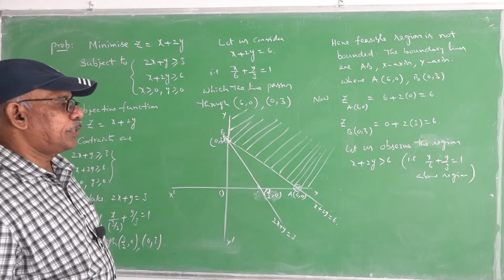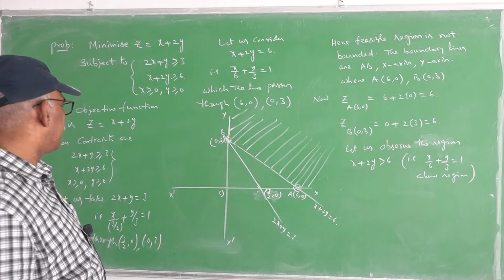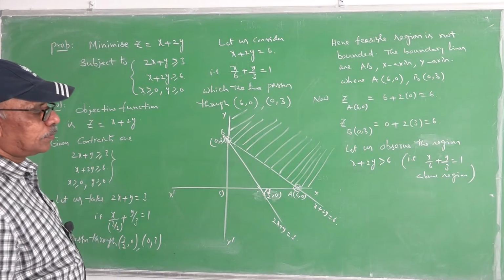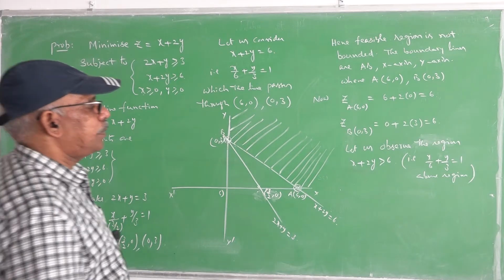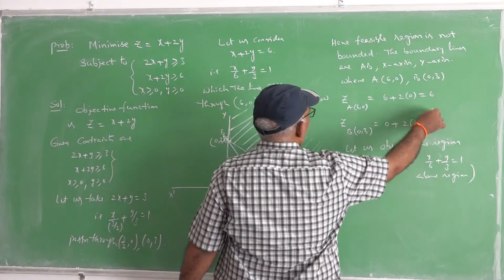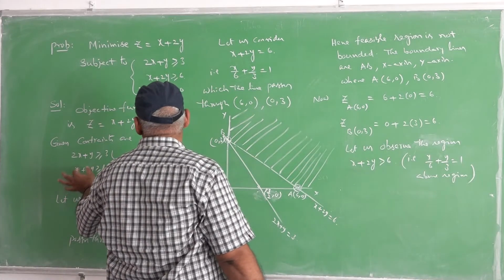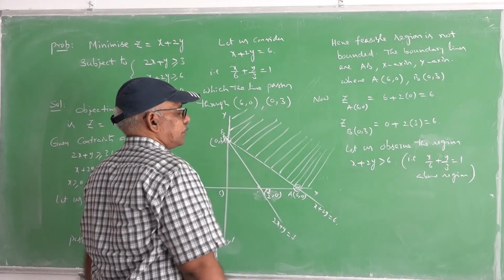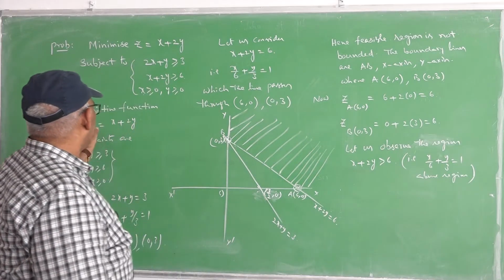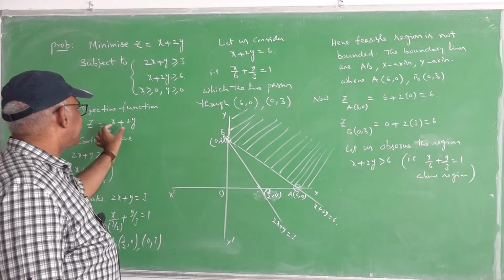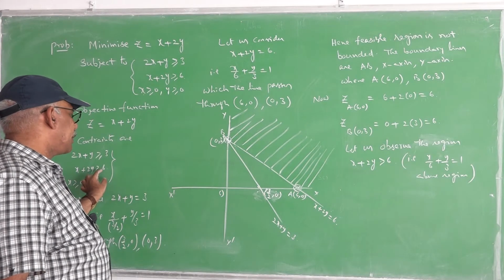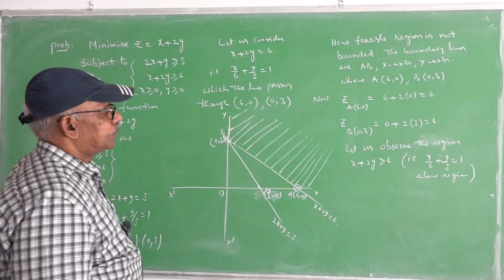So once you consider x plus 2y equal to 6, that is the minimum. Because x plus 2y minimum value is 6. So the minimum value of z is clearly 6 because x plus 2y takes its minimum there. In the feasible region, the minimum value is 6.